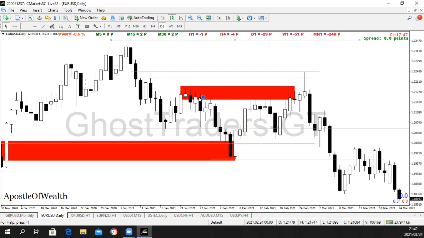So you ask yourself, what do I have here that price can use as a point of reference to go down? Definitely price needs to collect this and then go down.